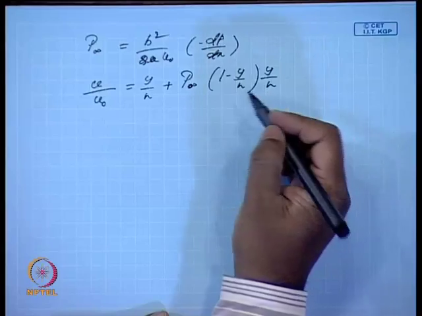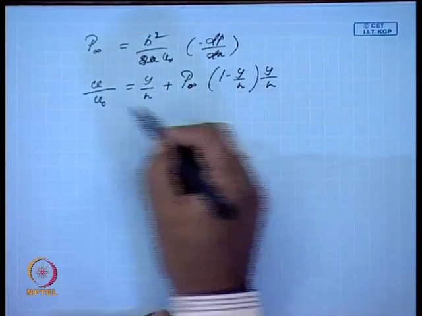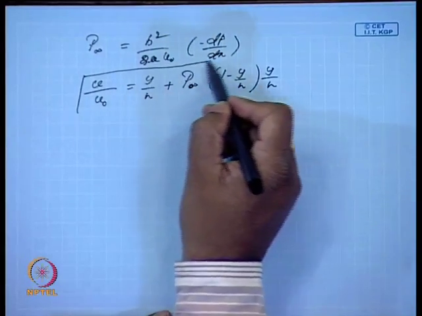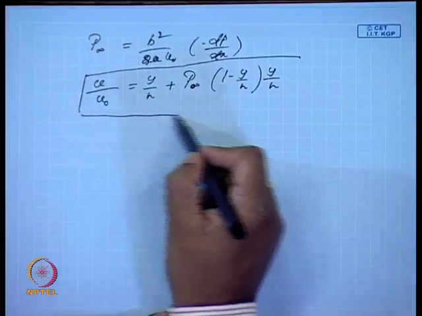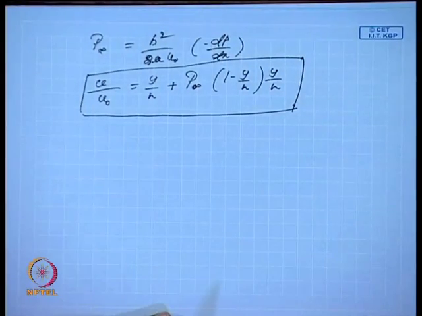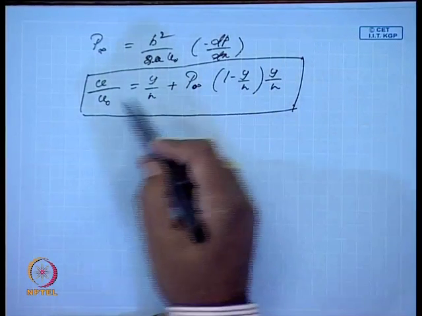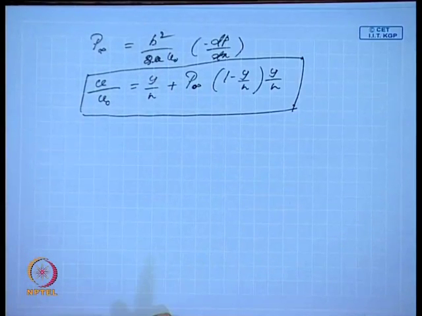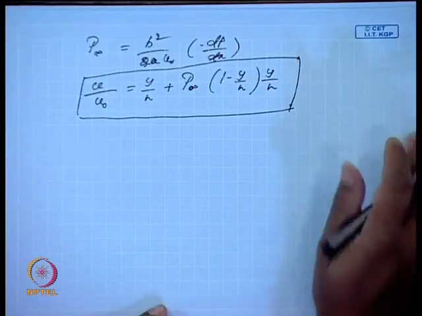So, this is the general form, where I have taken the negative sign in P infinity. What it says is that the velocity distribution depends on the pressure term P infinity, and there are 3 cases that arise.